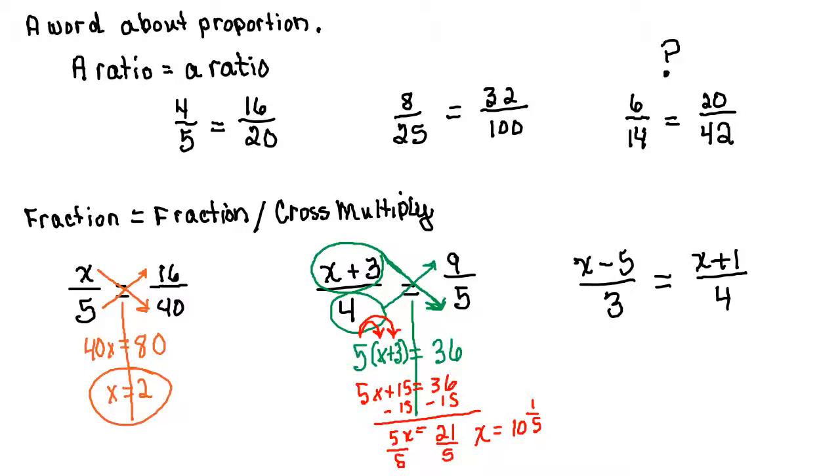Same thing happens on the next one, and I think I'm going to use blue here again. Fence of equality. Give yourself a little hook here. Go on down. Remember that it is 4 times x minus 5, not just 4 times x, equals the 3. And I'm going to go up here.